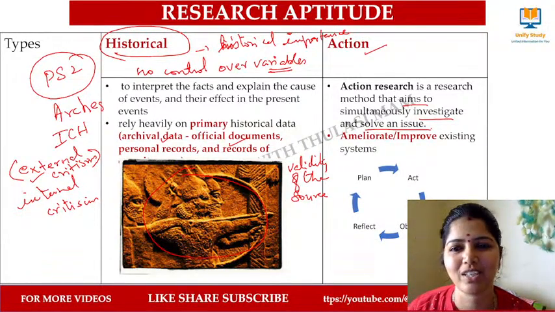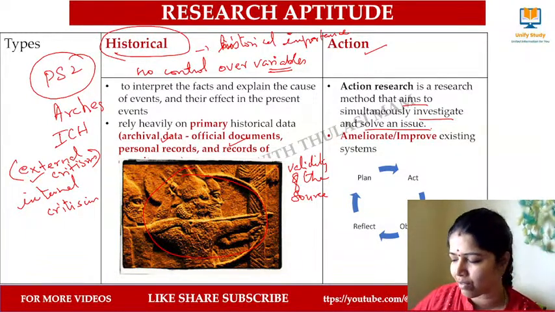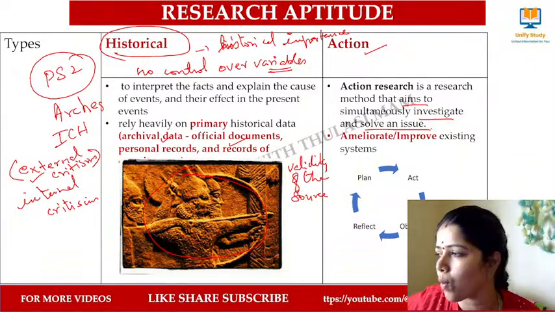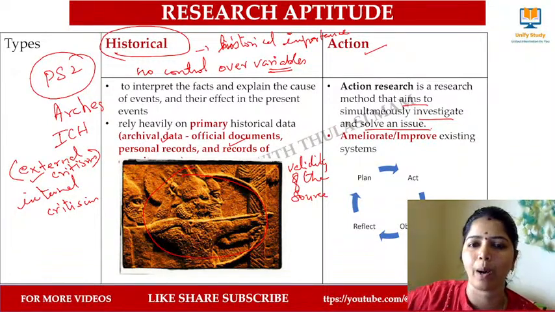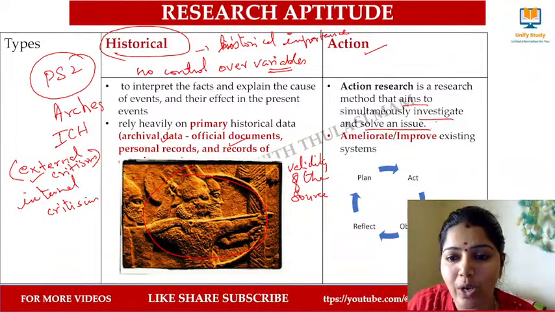It is easy to remember. Action means there will be a problem going on, and a committee will be formed. We have to do a research, go and inquire the people, come up with a solution and a report, and that we call action research. It is to investigate and solve an issue.